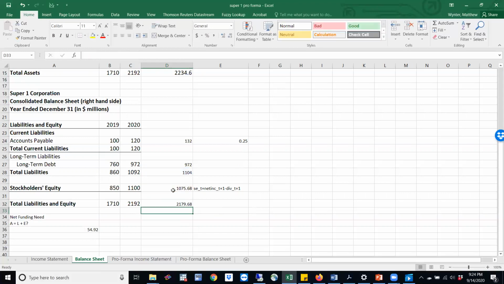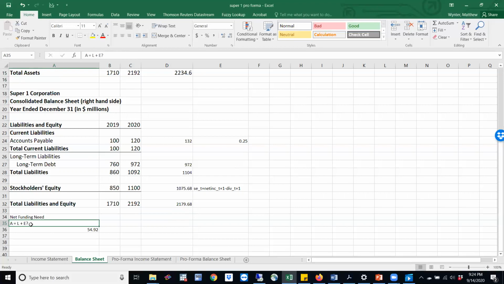Okay, so what do we notice? We notice that my total assets equals 2234, and my total liabilities plus my equity equals 2179.68. What does that mean? Well, we can observe that my assets don't equal my liability plus my equity.